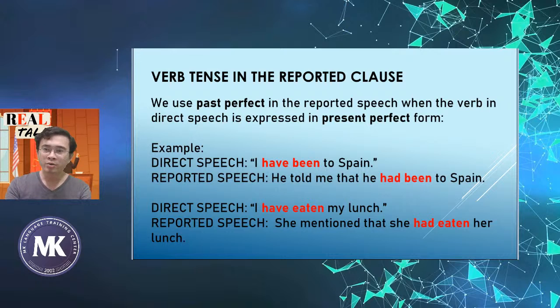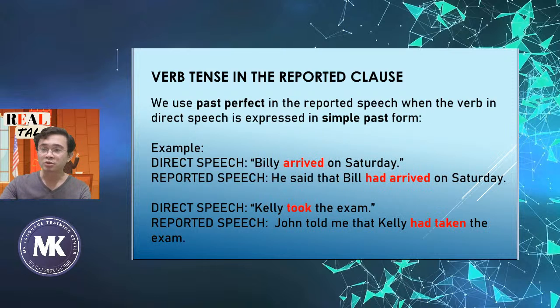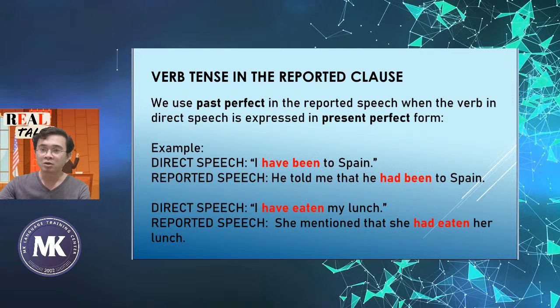Here we use past perfect. Oh, it's also past perfect. So here we use past perfect in the reported speech when the verb in the direct speech is expressed in present perfect. So here we have the same pattern.